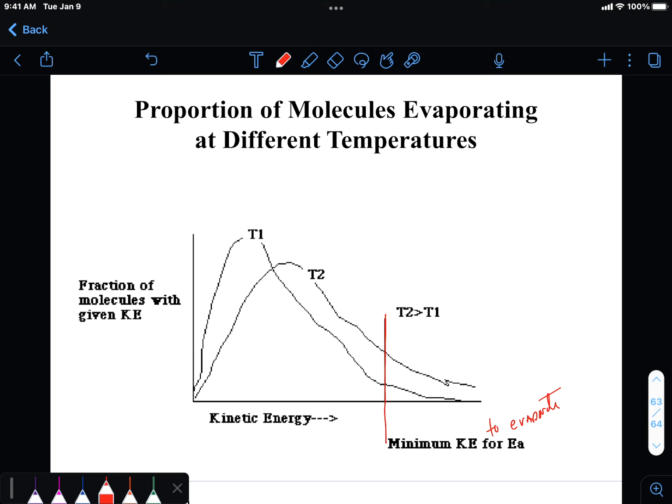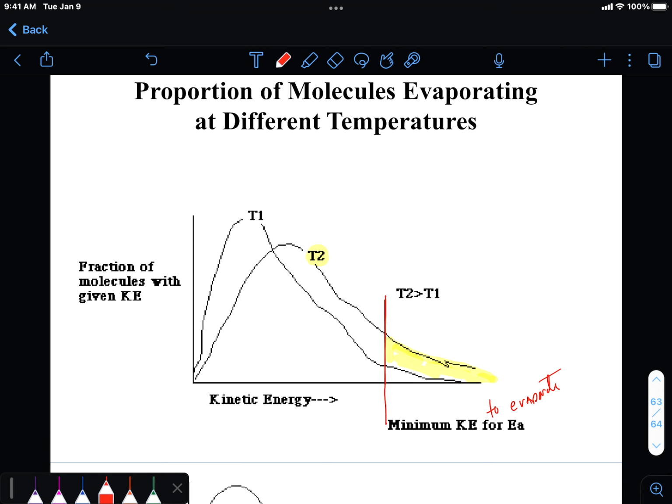You see how its curve changed? When you increase the temperature, the curve shifts, and the curve that shifts means there's a greater proportion of molecules that can evaporate compared to before when it was cooler. And so the point of this: at a higher temperature, you increase the fraction of molecules that can evaporate.